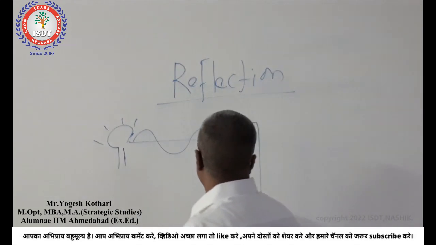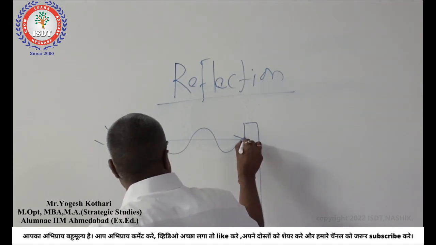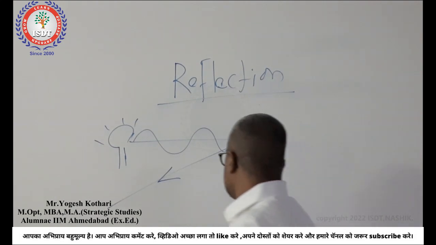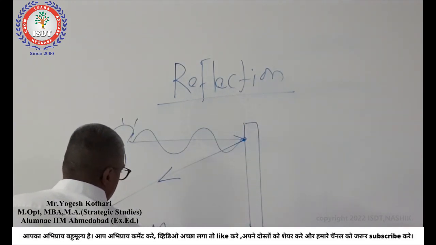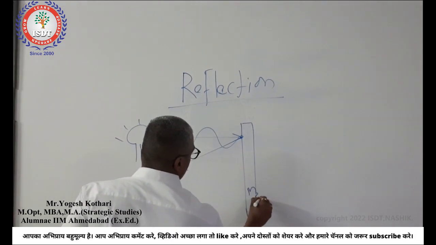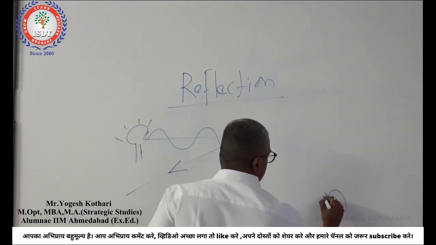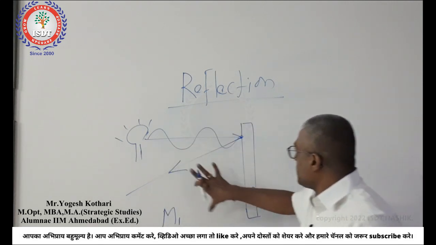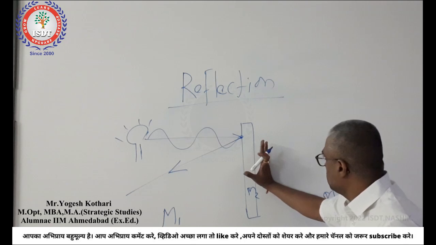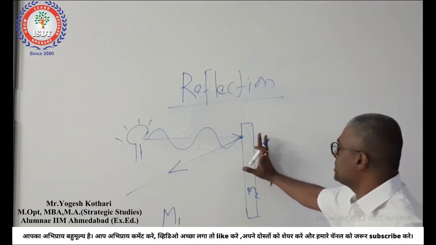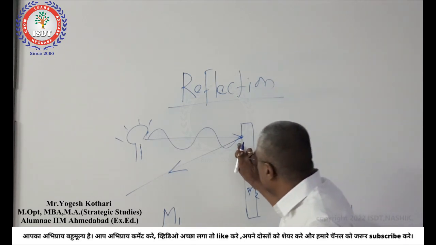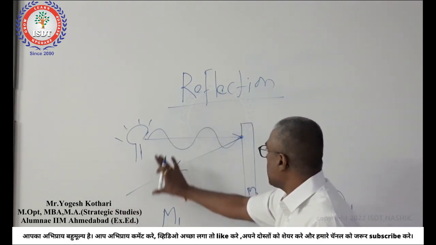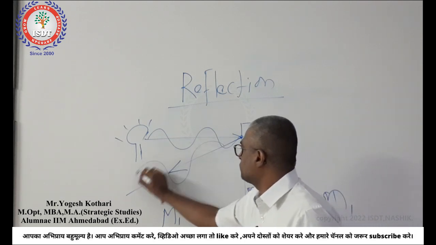Now after hitting the medium, when it gets bounced back in the same medium, that means we can say this is medium 1, this is medium 2, again this is medium 1. So it comes from medium 1, hits medium 2 or the object or whatever you call it, and gets bounced back in the same medium again. So this bouncing back is called reflection of the light.